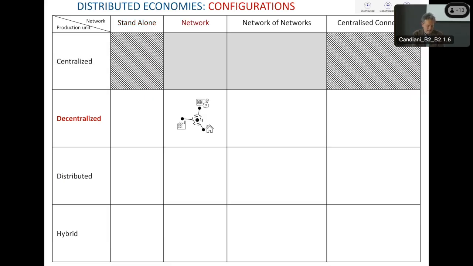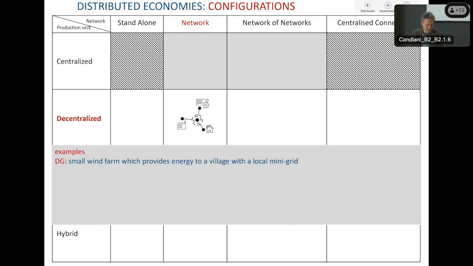Let's see when it is decentralized but with a network structure, so different from standalone. An example is what I put here, a small wind farm which provides energy to villages with a local mini-grid.